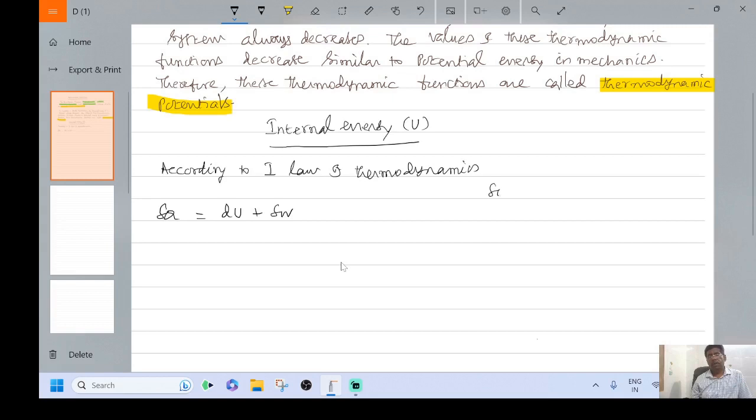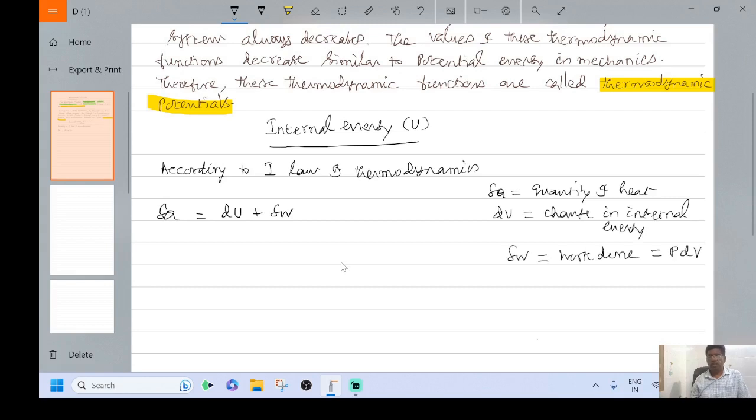Here, del Q is the quantity of heat, dU is the change in internal energy, and del W is the work done, which is equal to pressure into change in volume.